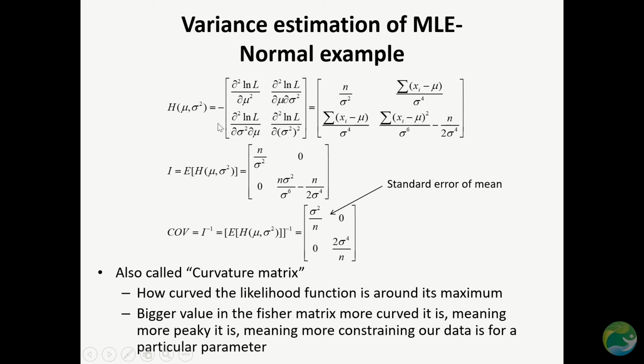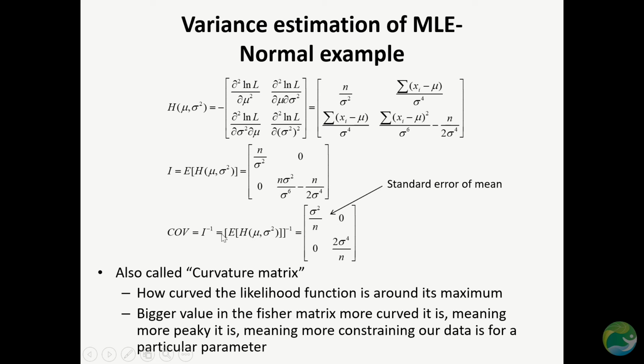So we take the second derivative and then put a negative sign, and then we calculate the expectation of this matrix. This matrix is called a Hessian matrix. The second derivative matrix is called a Hessian matrix. And then we can do the inverse.